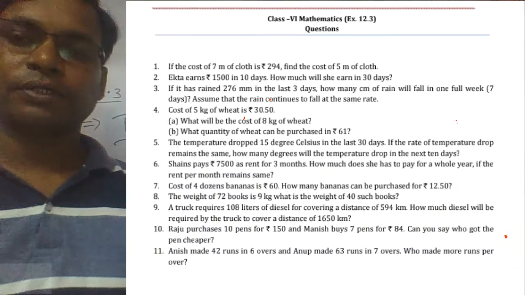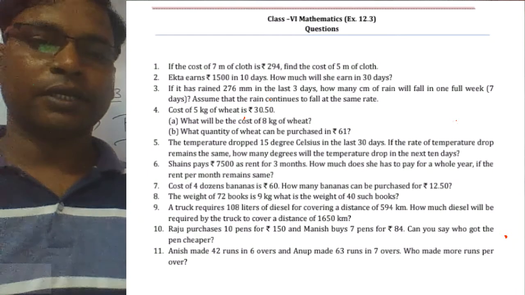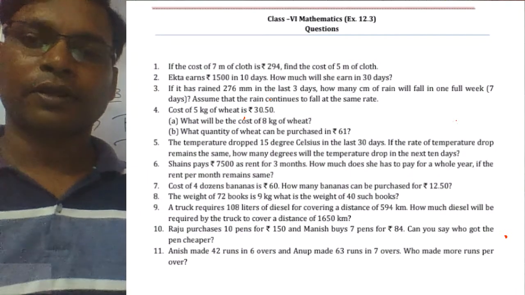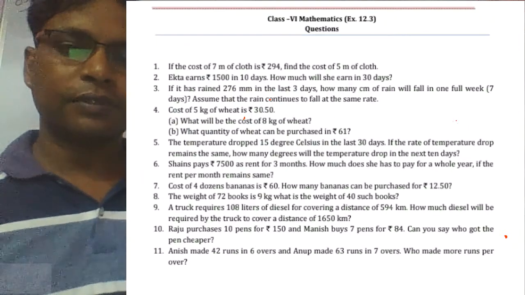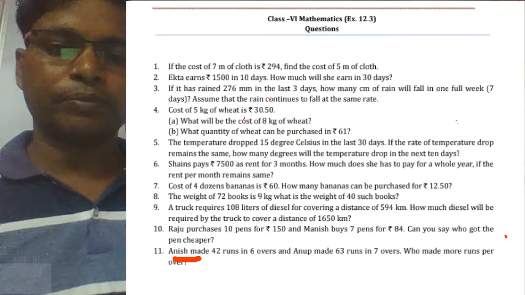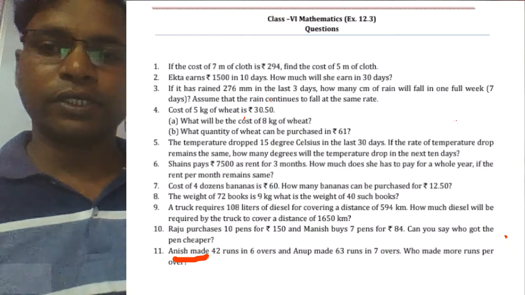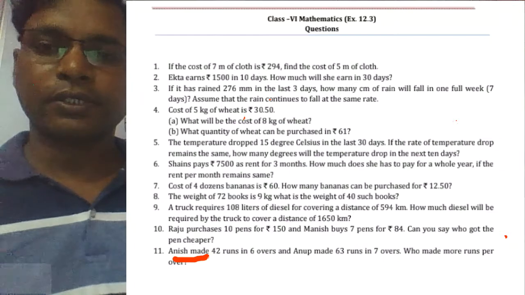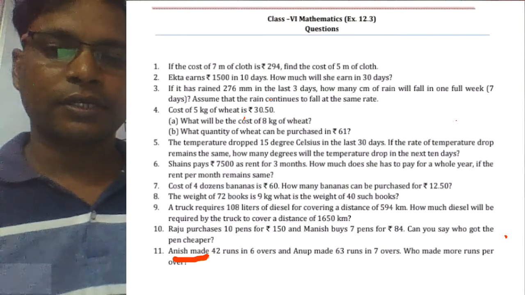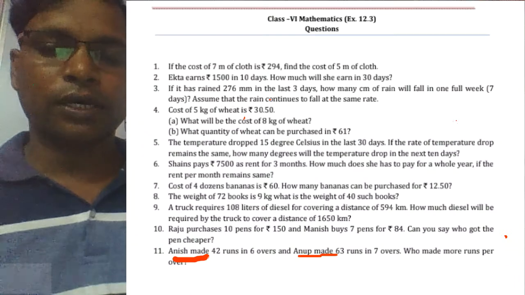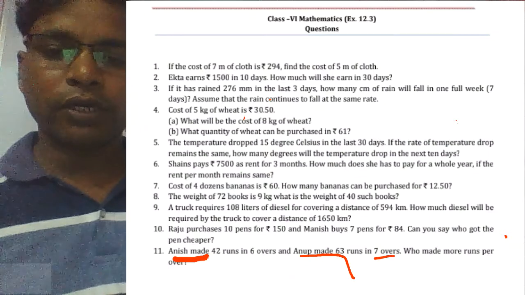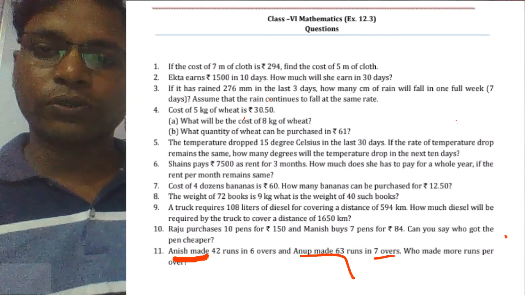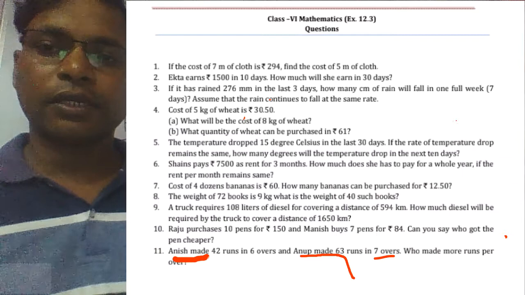Anish made 42 runs in 6 overs and Anup made 63 runs in 7 overs.